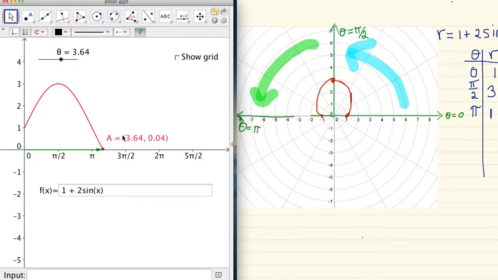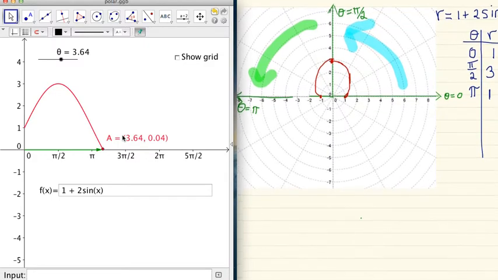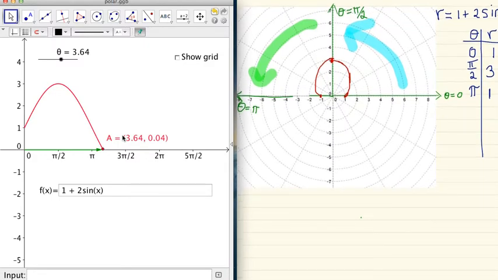So that would be where, let's see, I just have to set r equal to 0 to find that. So 1 plus 2 sine theta equals 0.